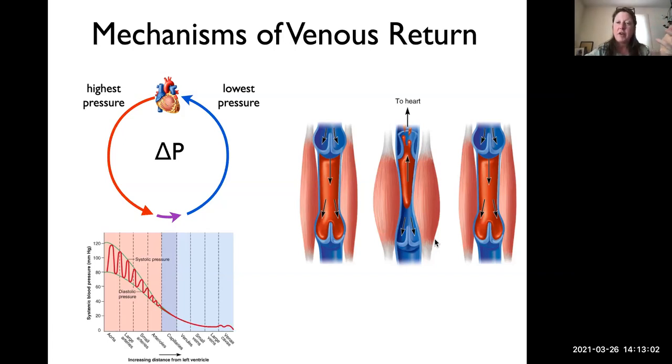Another mechanism for getting blood back to the heart is called cardiac suction. If you'll recall, when we talked about the cardiac cycle, there is a phase called ventricular filling, and part of that phase is rapid filling.